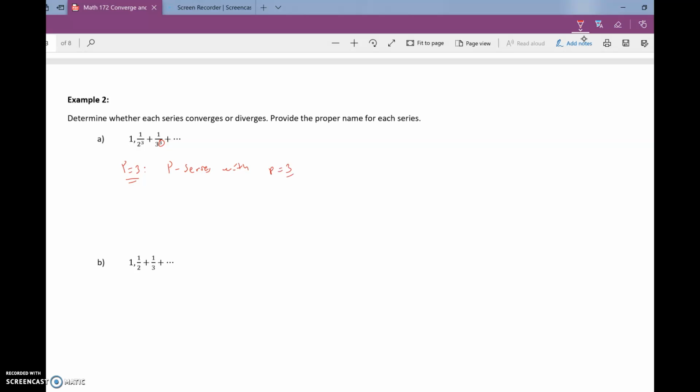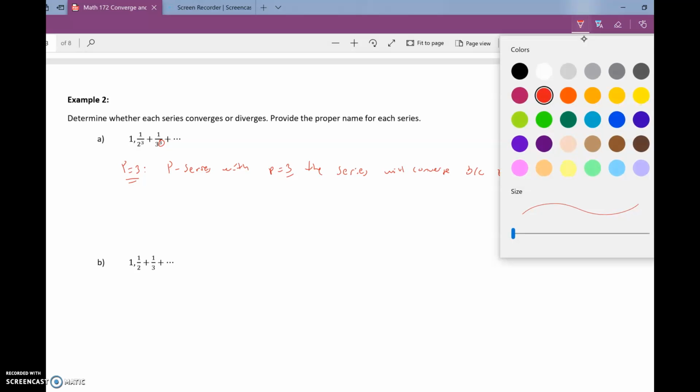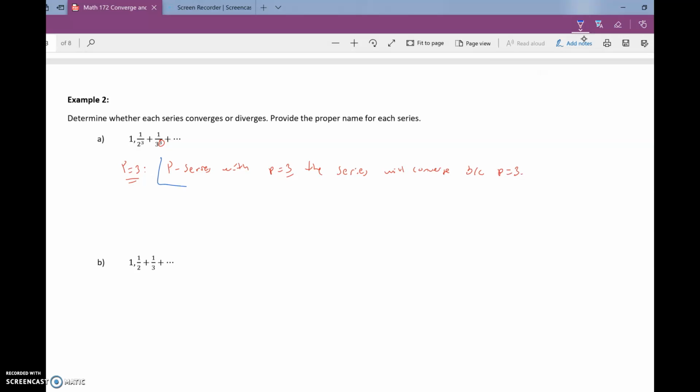So therefore, this series is going to converge. And you can just say because P is equal to 3. So that's pretty much it. You basically just state the type of series that you have, and then you mention the value of P.